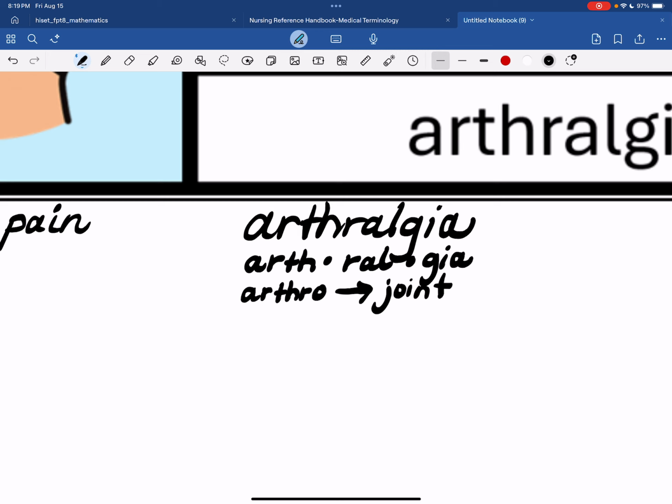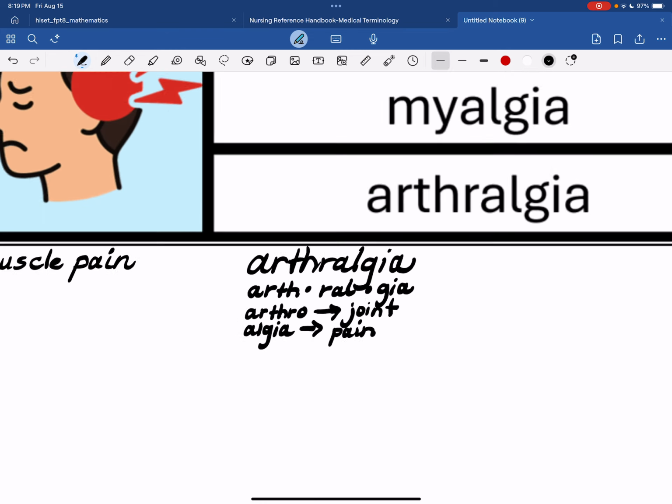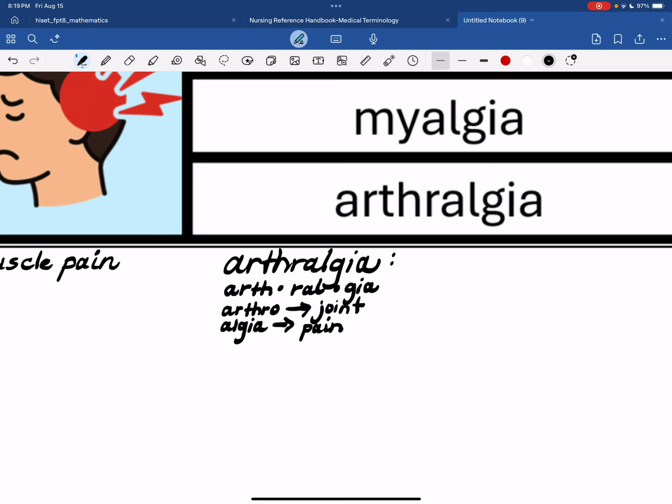And we know that algia is pain. So knowing those two pieces, I can tell you that arthralgia is joint pain. If you have arthritis, inflammation of the joints, you may have arthralgia. You may have joint pain.